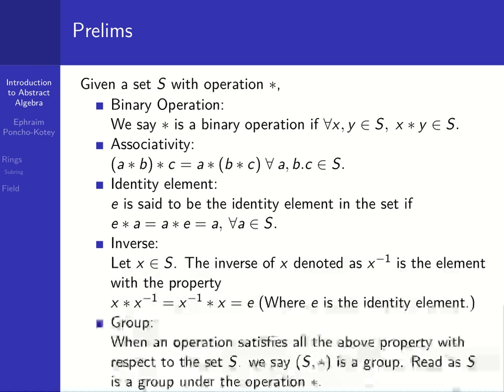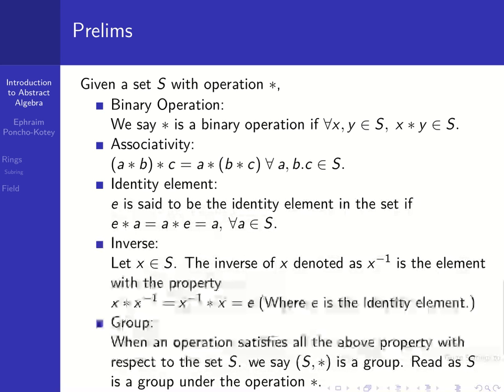Now, the inverse. Let s be from S. The inverse of s, denoted as s inverse, is the element with the property that s star s inverse gives you e, and s inverse star s also gives you e, where e is the identity element.